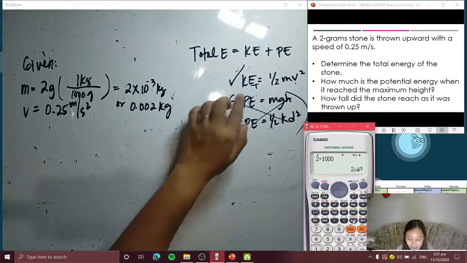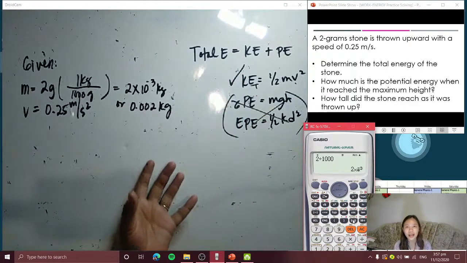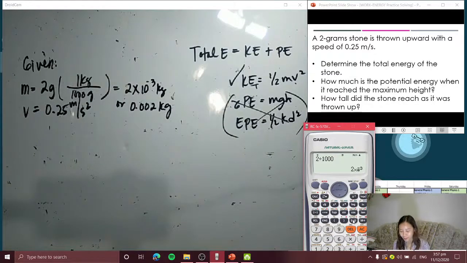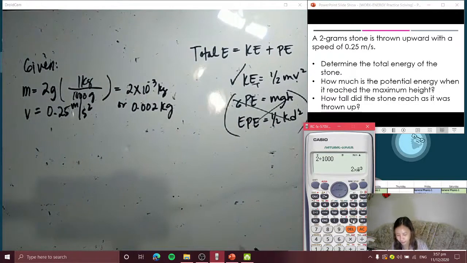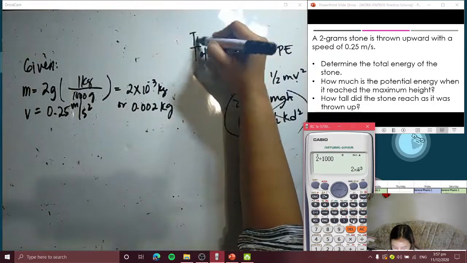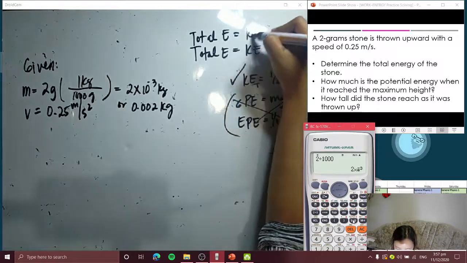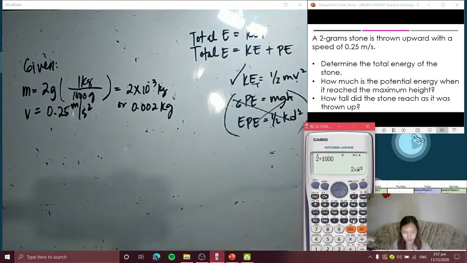Kay kung pila ang aton nga total kinetic, same man na siya sa aton nga total nga energy gid. Okay, so we have here total energy is equal to KE total. Amo na siya. Para maintindihan nyo man.